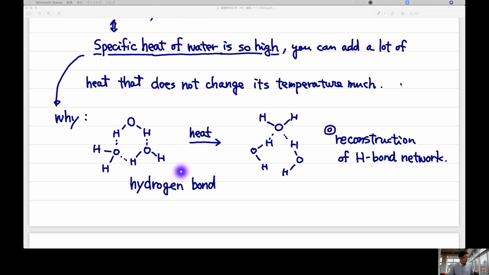Then, after heating the water solution, these hydrogen bonds can easily be destroyed or reconstructed. Such change of the hydrogen bond network can consume a lot of heat. This is the reason the specific heat of water is so high.